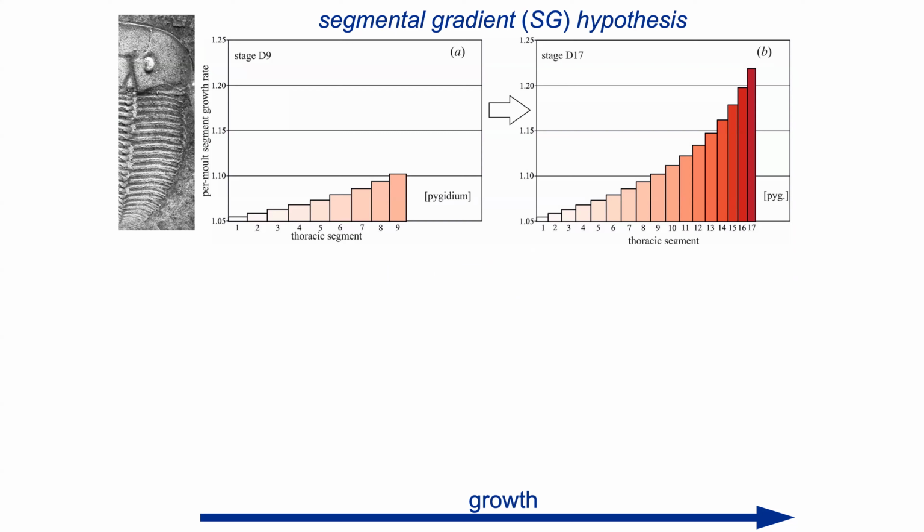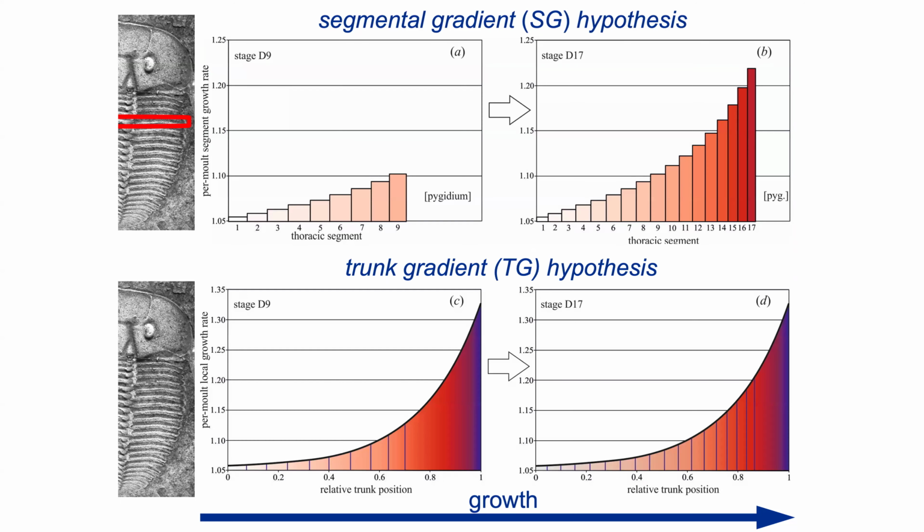So that would be each segment has an individually programmed rate of growth. Or is it more like there's a gradient of growth from slow at the front to fast at the back, and the segment grows at whatever portion of that gradient it is actually representing?